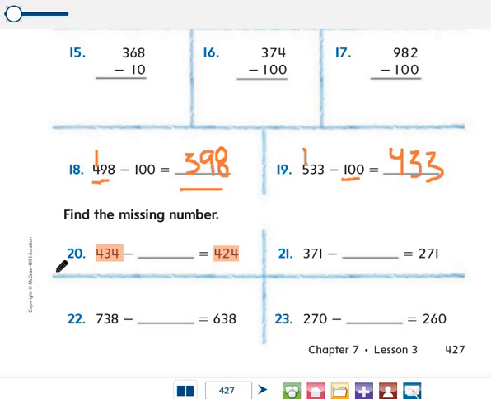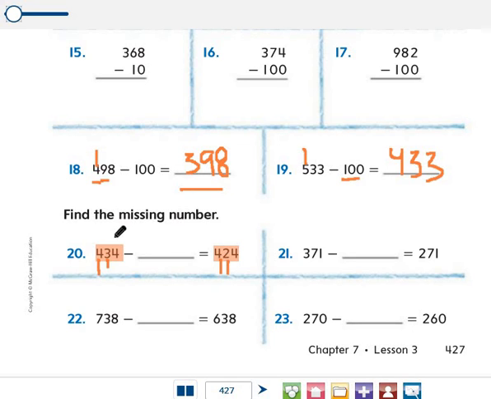Now let's solve question number 20. Find the missing number. If we subtract 434 minus something, we will get 424. Look at the hundreds digits here and here. They are the same. Look at the tens digit. Here it's 3 and here it's 2. They are not the same.